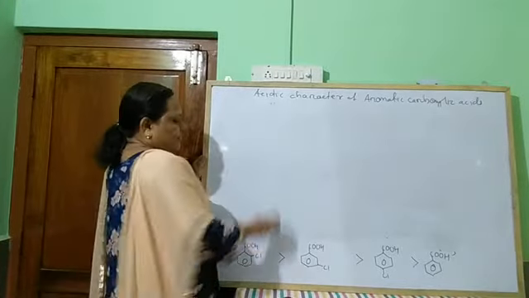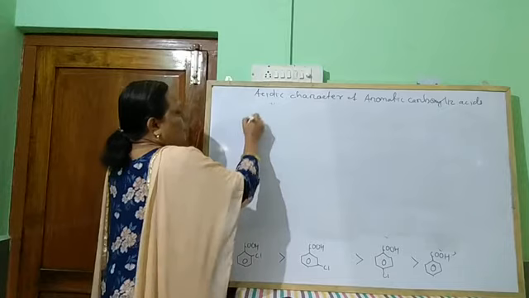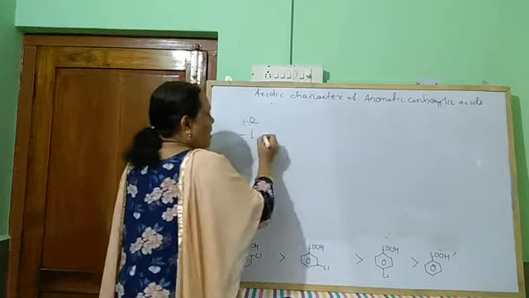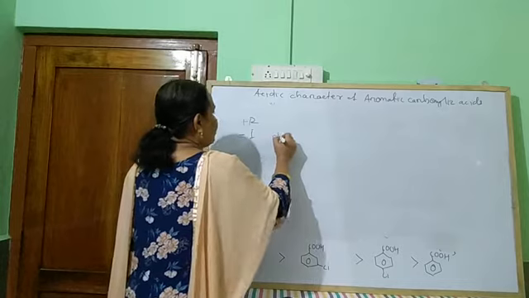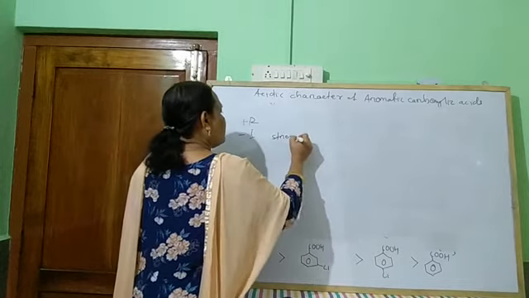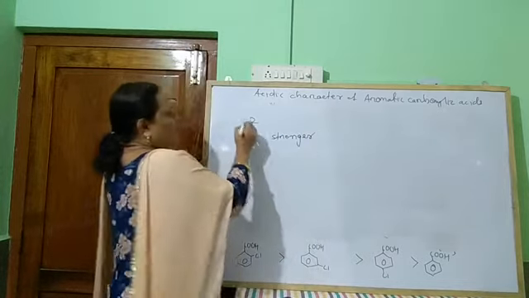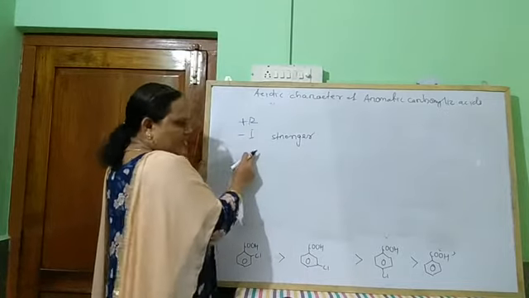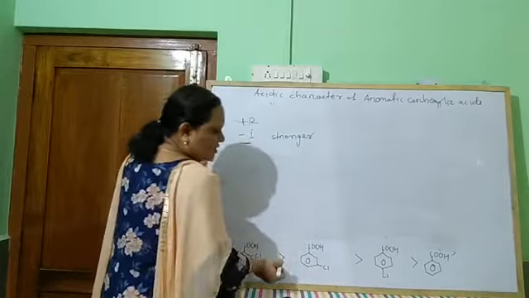Chlorobenzoic acids have also plus R effect and minus I effect. But here the minus I effect is stronger. Plus R is also present, but this is less effective than this. So minus I effect in this case is stronger.